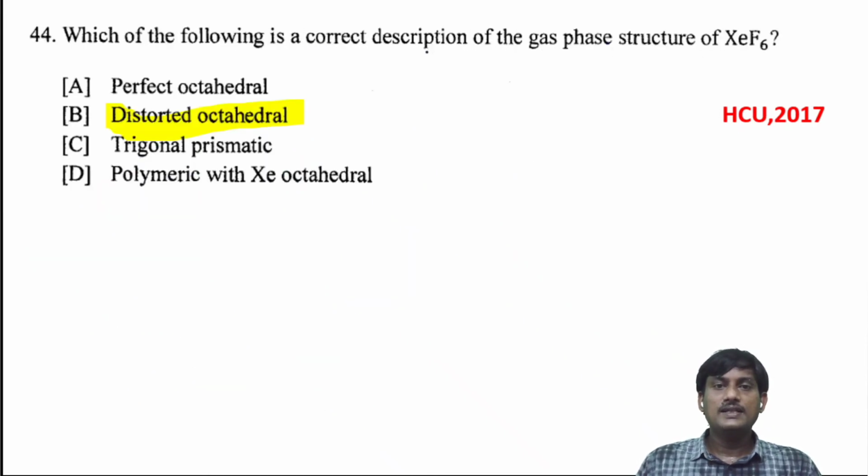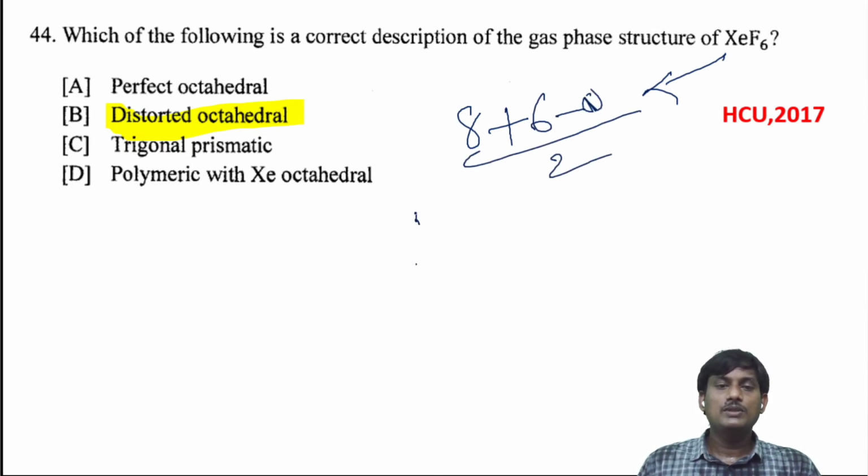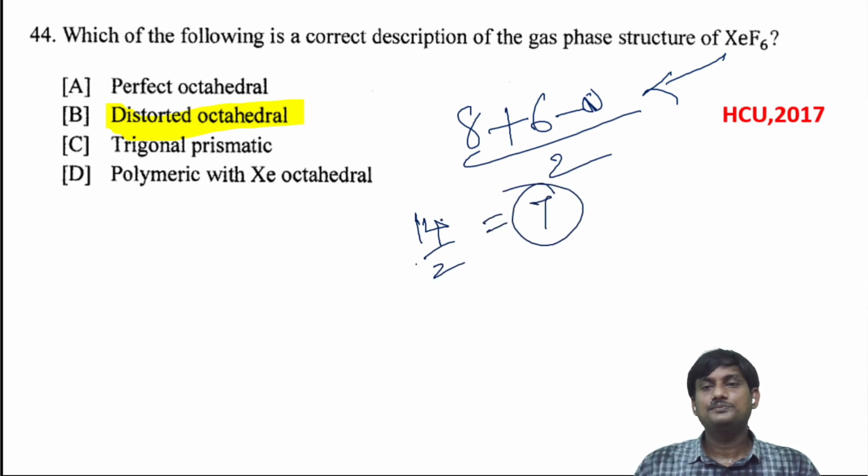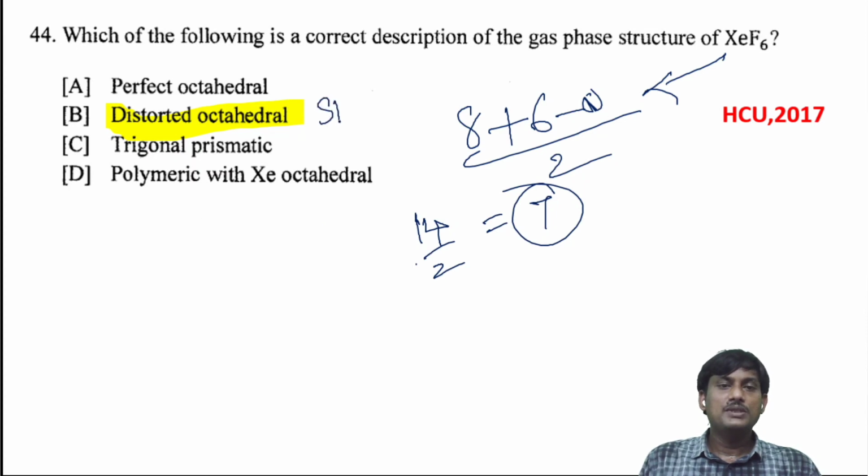Which of the following is a correct description of the gas phase structure of XeF6? Let's take the hybridization. The valence electrons are 8 and monovalent 6, there is no charge. So it will be 14 by 2, so it has 7. The hybridization will be sp3d3.